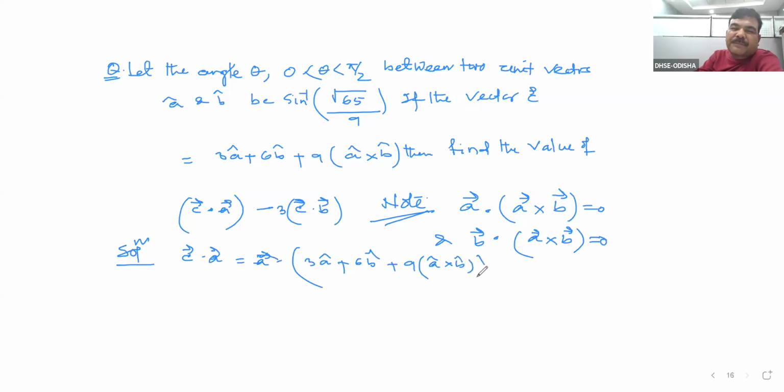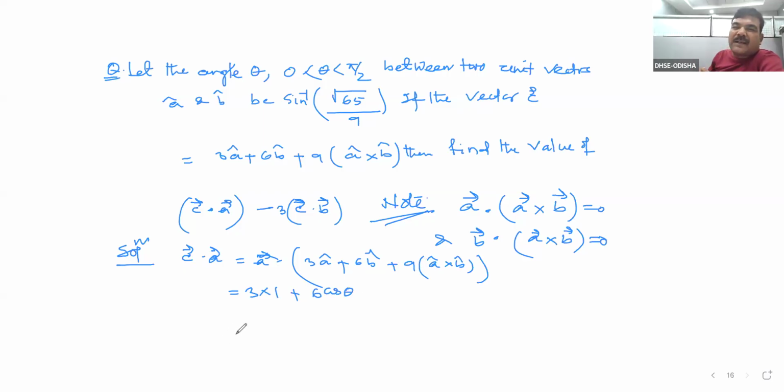And this is equal to 3 times A cap dot A cap, which is 1, plus 6 times A dot B. A dot B is equal to AB cos theta. So AB is equal to 1, so 6 into cos theta, and this one is 0.